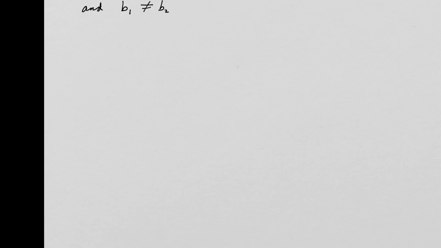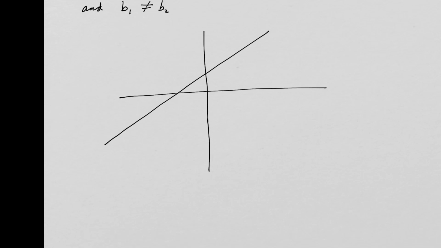So in this case, let's say I have my Cartesian coordinate system. And let's say I have a line that does that, and then a line that does this.